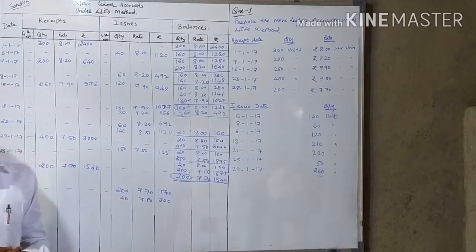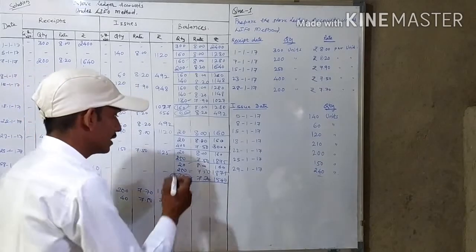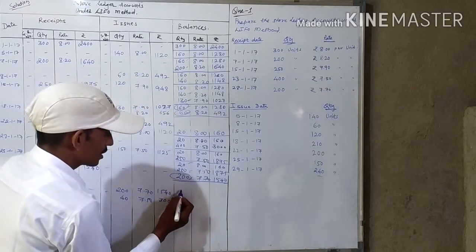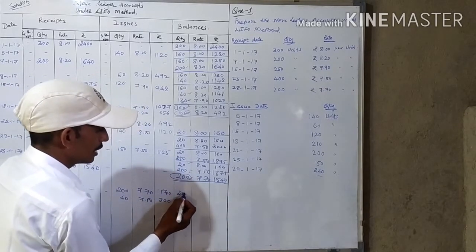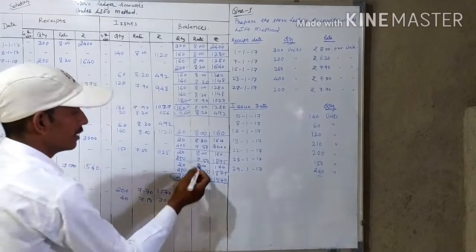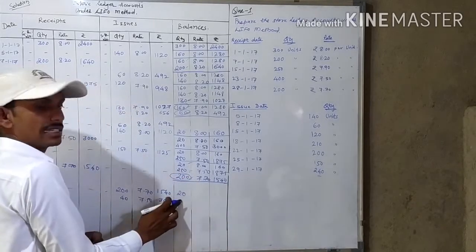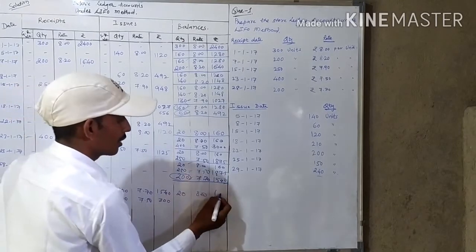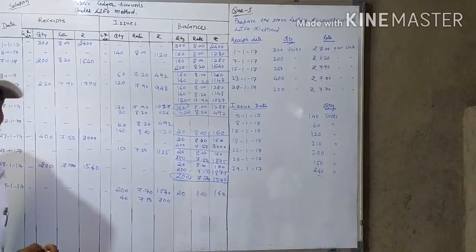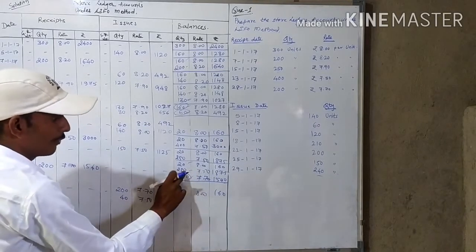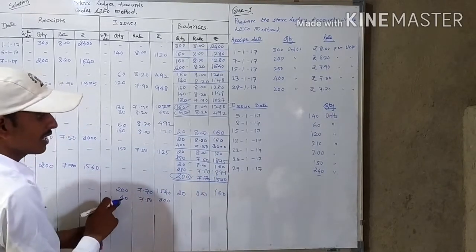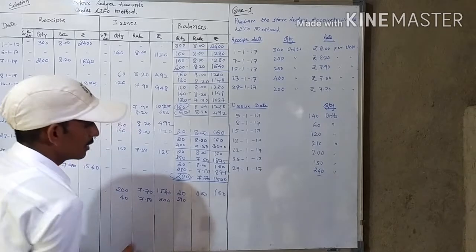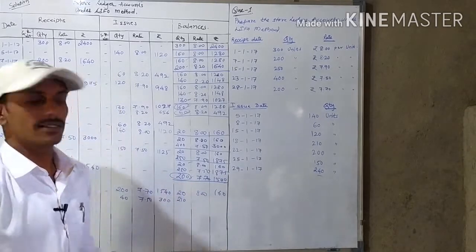Now we have to show the value of closing stock. Here 20 units are available. No issue has taken place in this quantum. So rate is 8 per unit and value is 160. Out of 250, 40 units are issued, so 210 quantities remain in the godown.